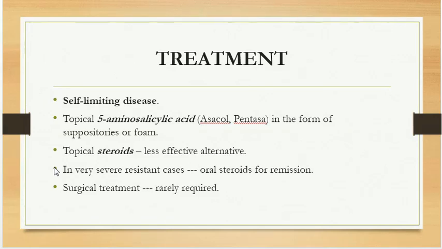Topical steroids are also used, but they are less effective alternatives. In very severe, resistant cases, oral steroids are used for remission. Similarly, we can also use oral 5-aminosalicylic acid such as Asacol and Pentasa. Oral preparations are also available and they are used for the treatment of proctitis.